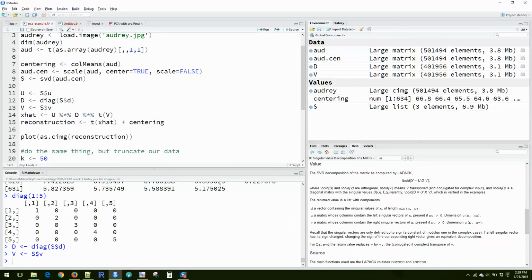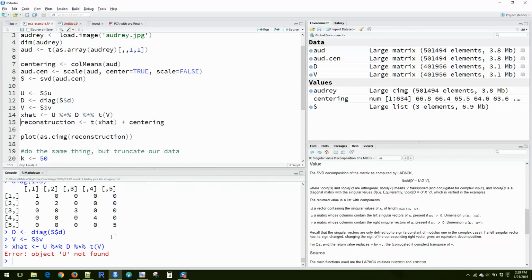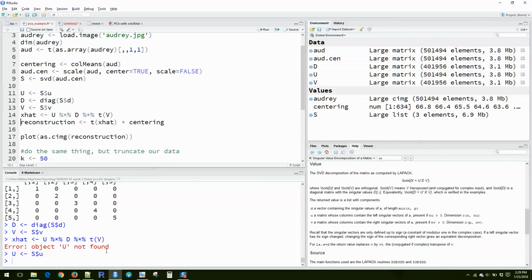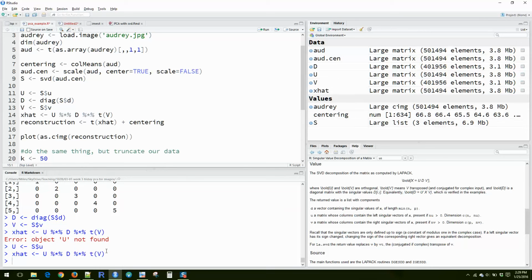And then V is just the result of, again, the singular value decomposition. All I'm doing is just saying, hey, if I do the singular value decomposition and then I multiply everything back together again, I get the original data back, okay? And because I've subtracted off the means, I'm going to add them back, okay?